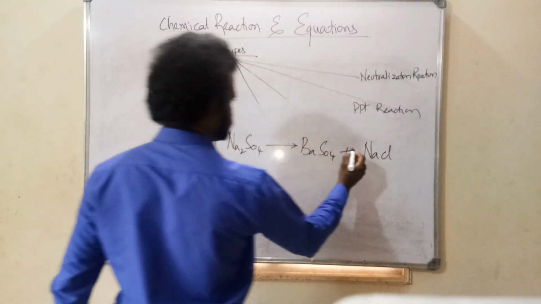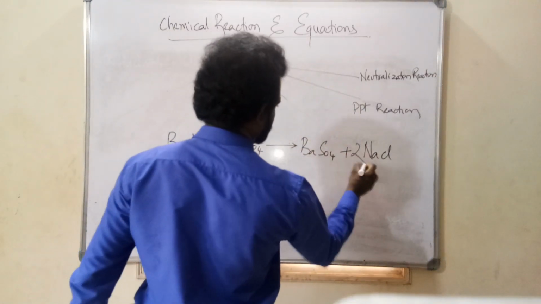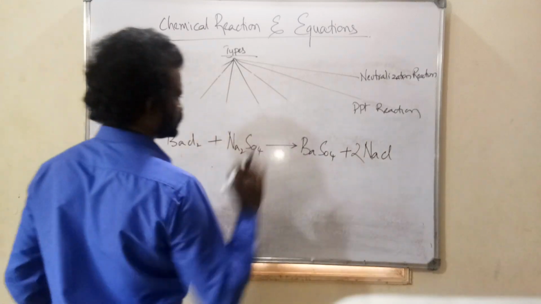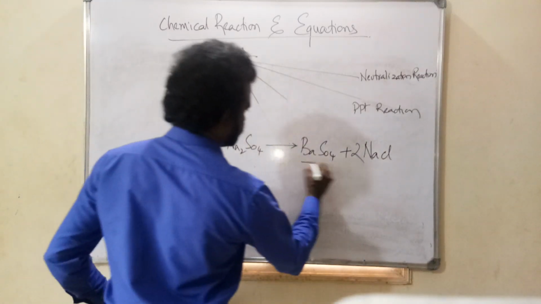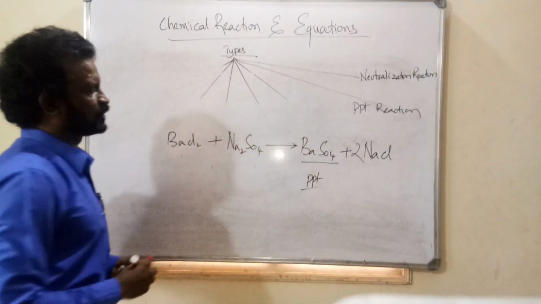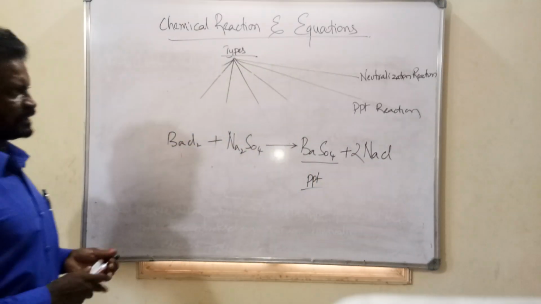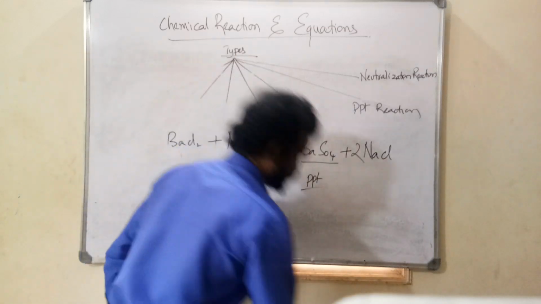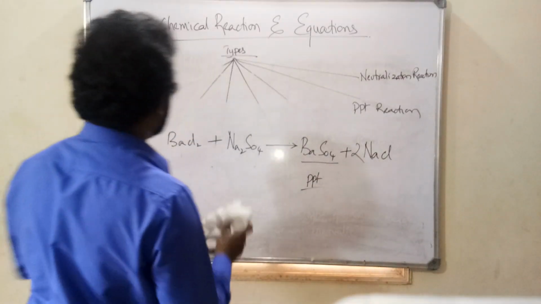Let me balance this: 2NaCl. Here barium sulfate forms a precipitate in the reaction. So this reaction is called a precipitation reaction. Is it clear now? The next one is the neutralization reaction.